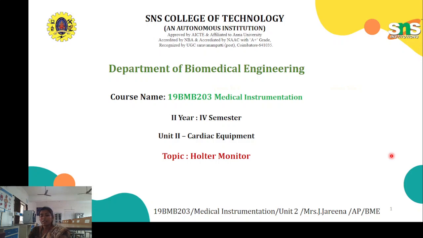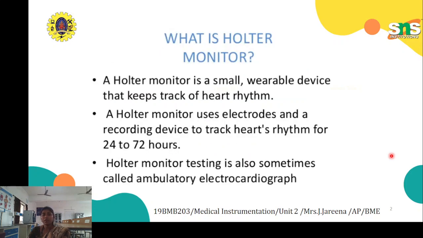So let us start with the introduction: what is the Holter monitor? The Holter monitor is a very small wearable device meant to track our heart rhythm continuously, that is, 24/7. So it is mainly a long-term monitoring device. It usually comes with electrodes on a battery-operated device.